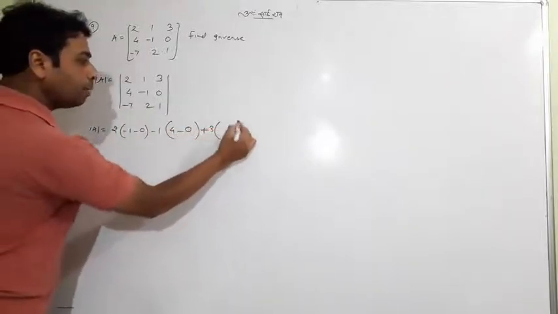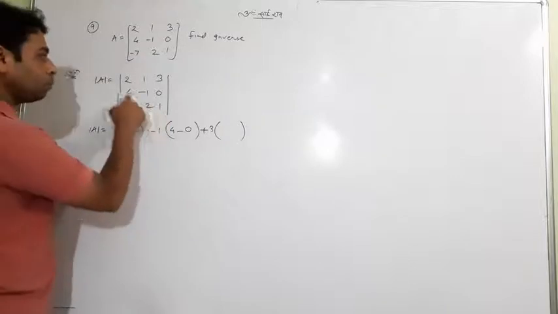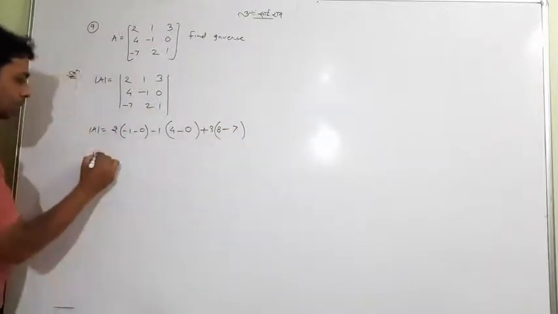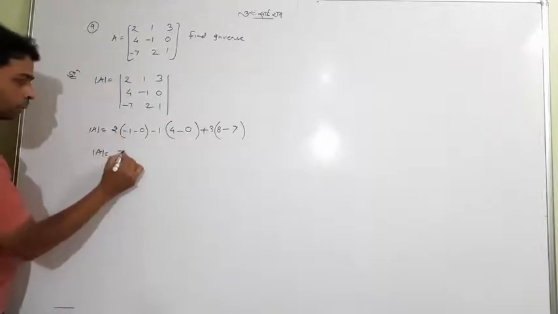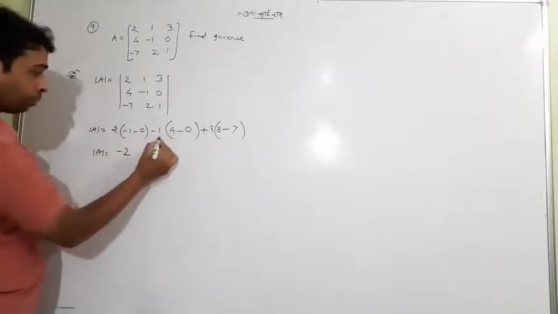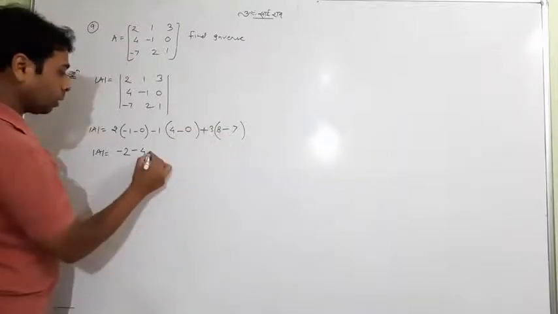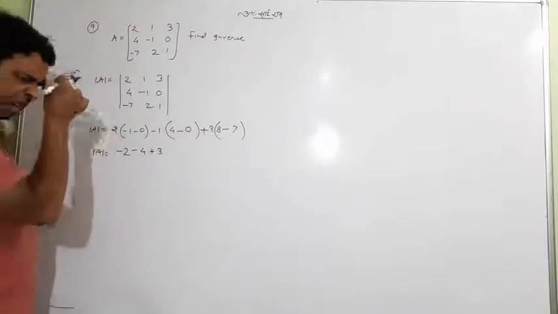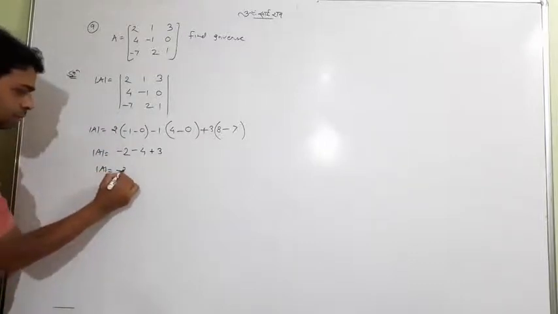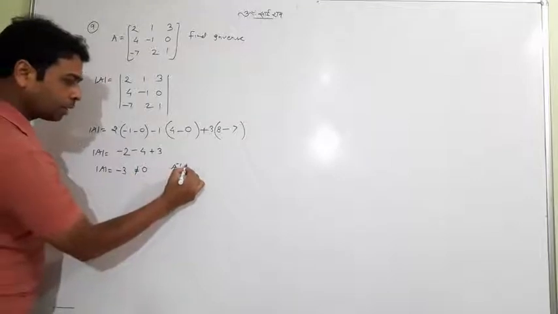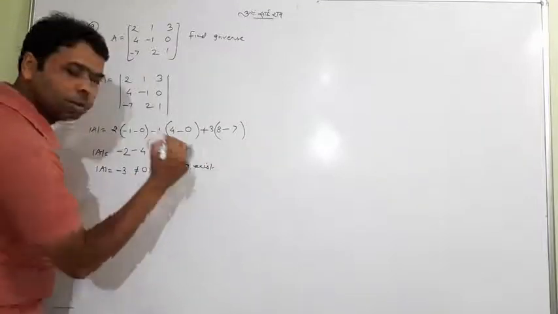Plus last element 3, drop these two elements, 4 2s are 8, minus 7 1s are 7. Lastly I would say 2 into minus 1, minus 2, these two will be minus 4 and these two will be 1 1 3s are 3. And lastly answer is 6 3 3, which is actually not 0, meaning A inverse exists.